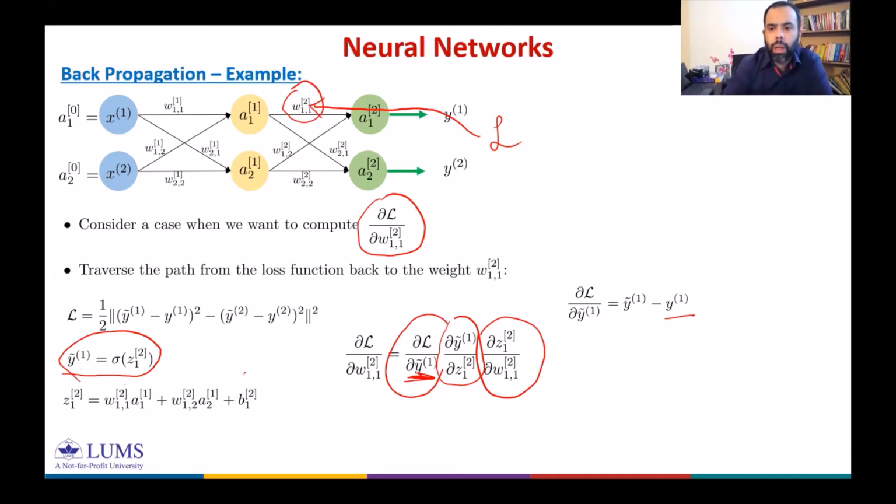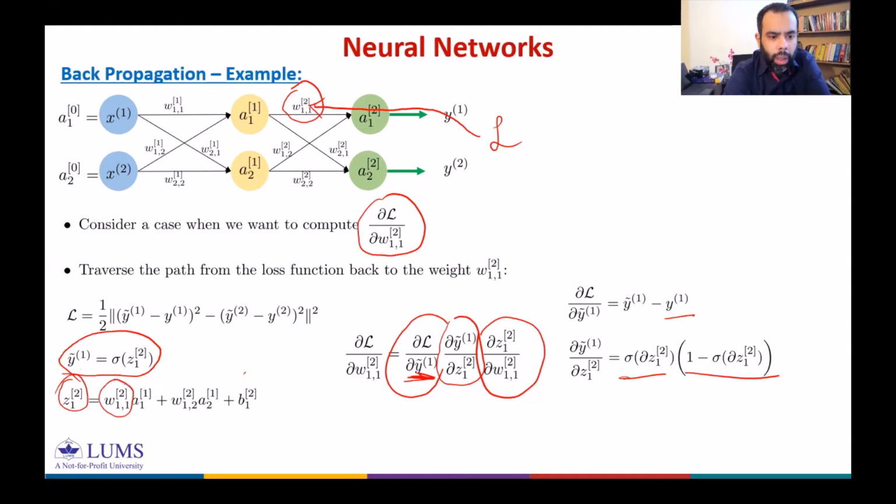It's a sigmoid function, and we have a very simple representation of its derivative: sigmoid times 1 minus sigmoid. And using the third equation, we can compute the derivative of z12 with respect to w211. When you take this derivative, this term vanishes, this vanishes, and you only get a11.